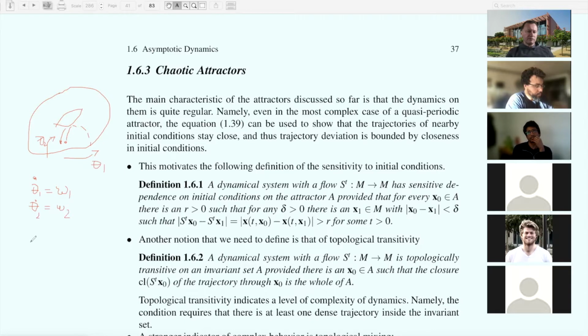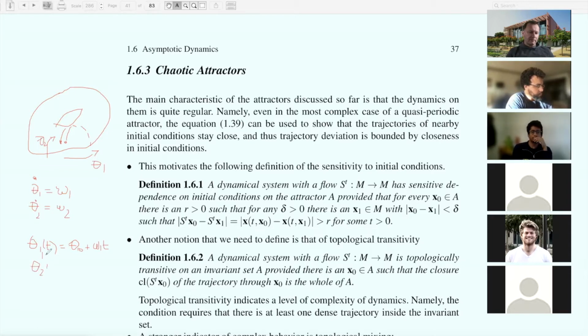So the solutions are theta 1 of t is theta 1 at time 0 plus omega 1 t, and likewise theta 2 of t is theta 2 at time 0 plus omega 2 t.